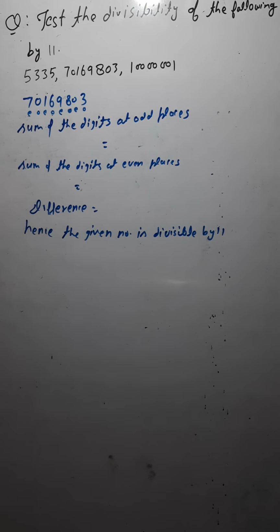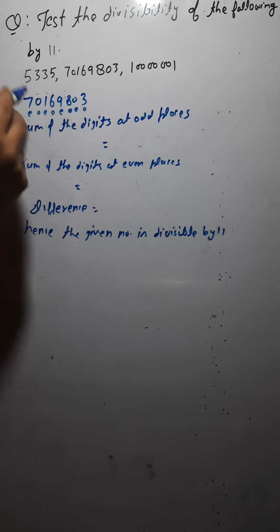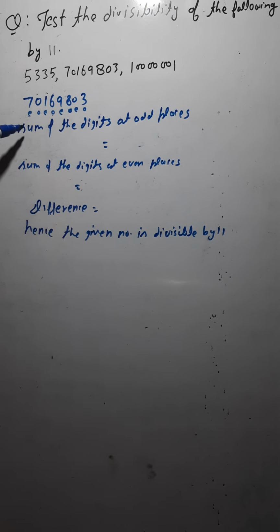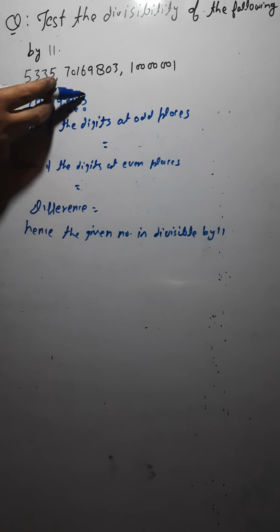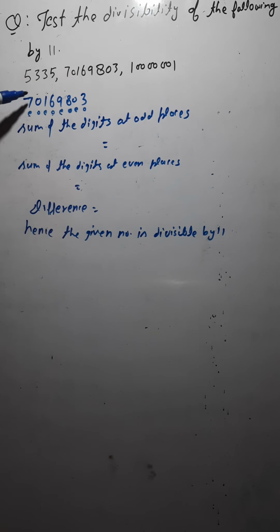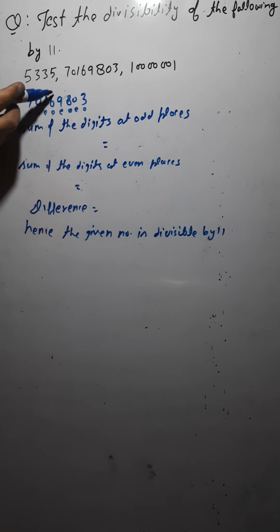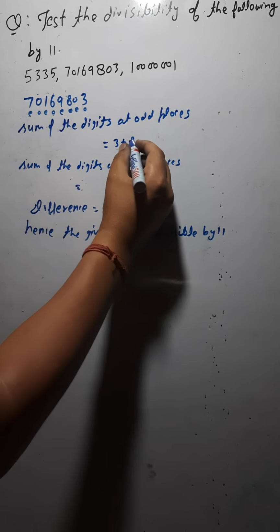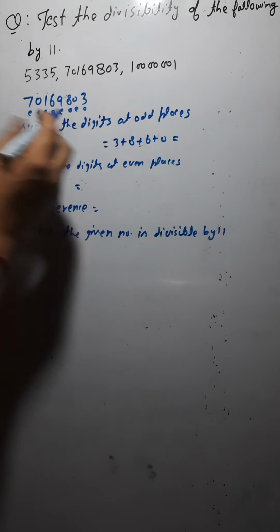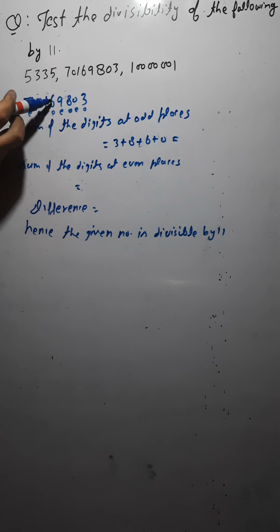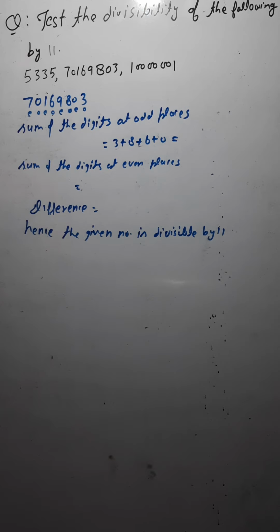So we have just marked the even and odd places. So first we are to find out the sum of the digits at odd places. Which are the digits at odd places? 3, 8, 6 and 0. These are the numbers at odd places.